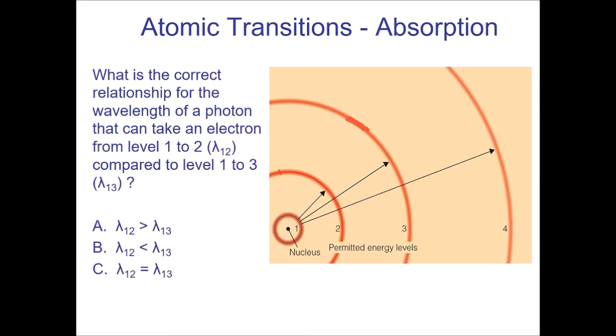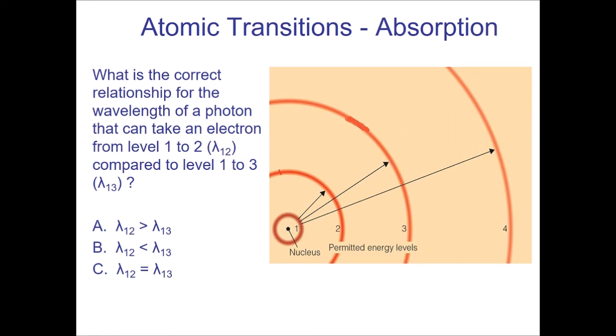Okay, now, this is it. This is the question. This is the climax of this lecture. It all leads up to this. This is a really important point regarding this absorption stuff. Now, we're going to imagine we have an electron down here in level 1. And it can either jump to level 2 or it can jump to level 3, just for the purposes of this example.